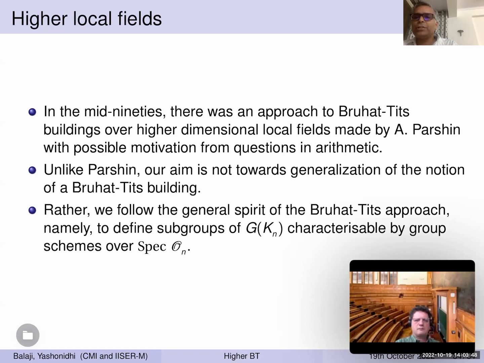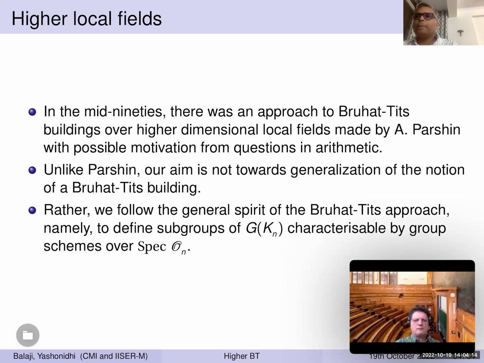Unlike Parshin, our aim is not towards generalization of the building. Rather, we follow the general spirit of Bruhat-Tits, namely to define subgroups of G(K) characterizable by group schemes over Spec O_K. So our starting point is different from Parshin's.